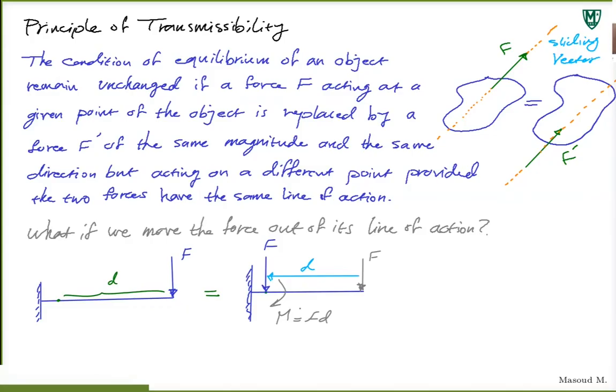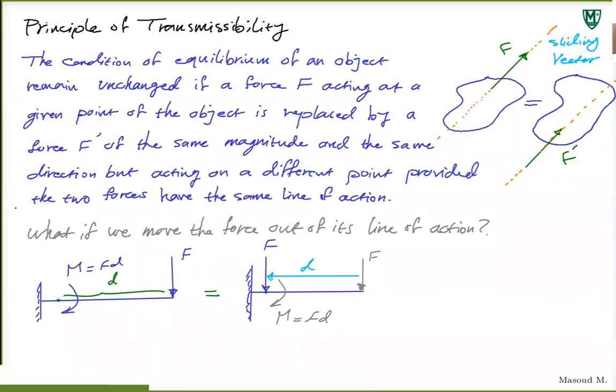Think about this one. This is here. This is the force applied to it. Because of this force, you see this is trying to bend. This is the moment created by this force around this point, M. But if I move it to that point, then this moment is gone.